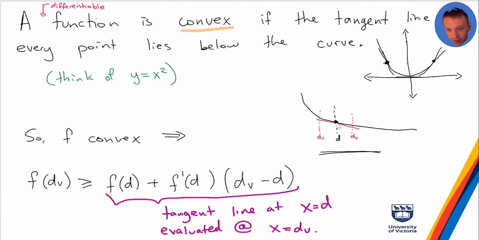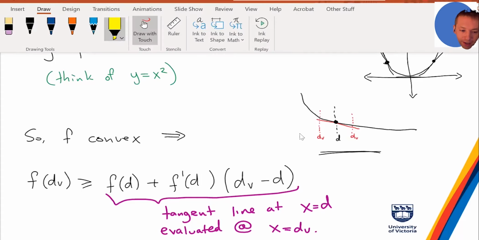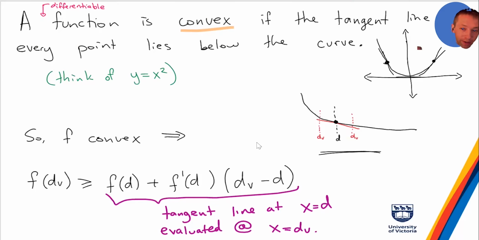If I evaluate the tangent line at dv, it should be below the function at dv. It doesn't matter whether dv is less than d or bigger than d, this should hold no matter what. So this is just taking the tangent line at x equals d and evaluating it at x equals dv.